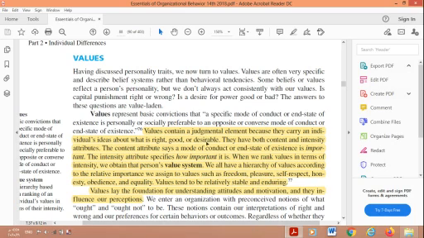Again, to ask a question about the value system: what is the value system? It is a system which ranks values according to their importance.